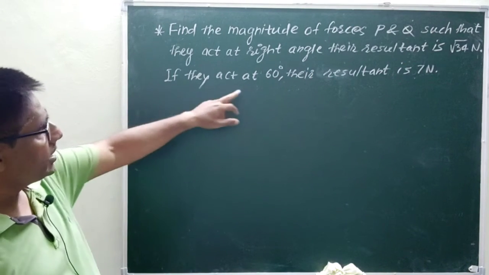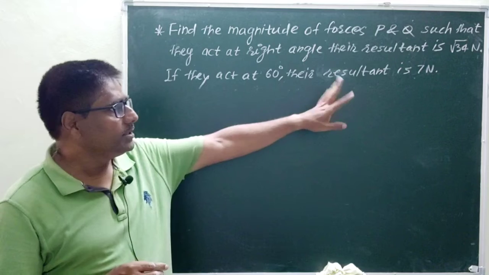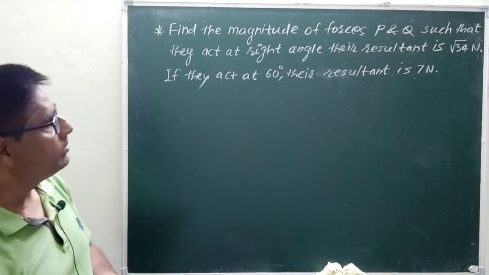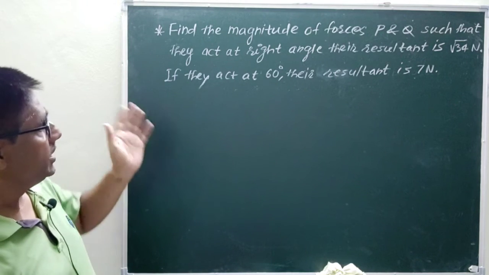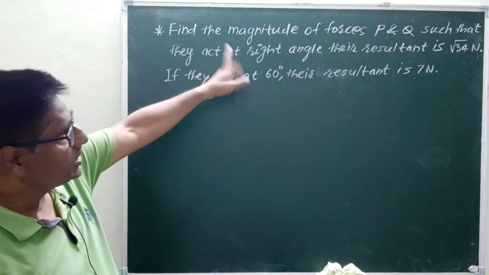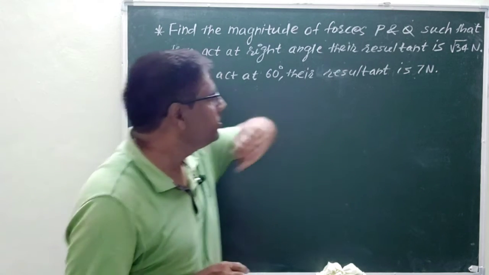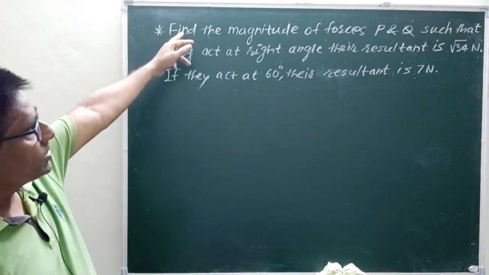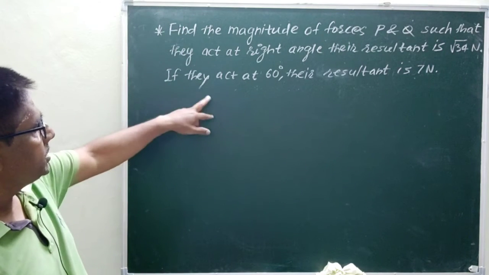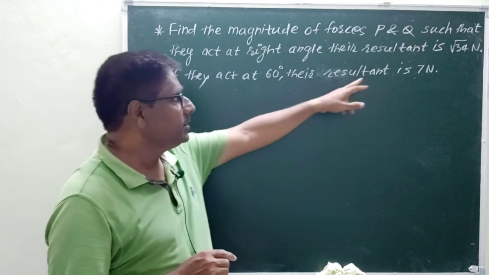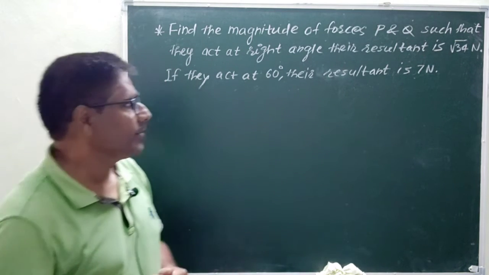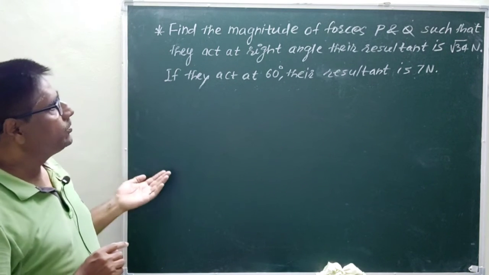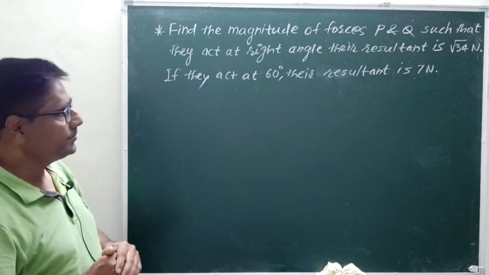If they act at 60 degree, their resultant is 7 Newton. Two cases are given. If the angle between two forces is right angle, that is 90 degree, then resultant is root 34 Newton. Same forces but angle is changed. If the angle is 60 degree, then their resultant is 7 Newton. Then we are supposed to find two forces.